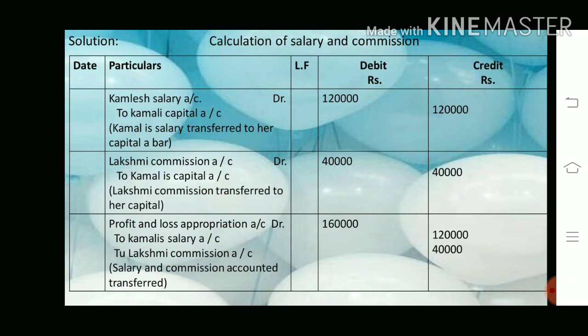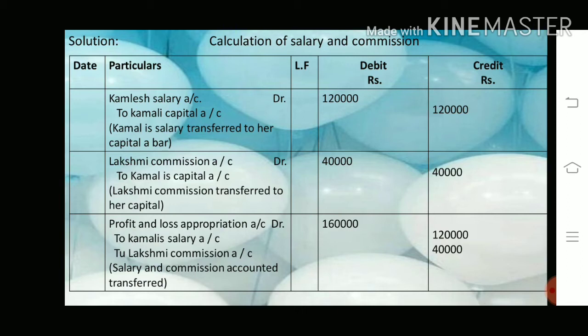So Kamali's salary transferred to his capital account. Next, Lakshmi commission account debtor to Lakshmi's capital account. So 40,000, 40,000. Lakshmi commission transferred to her capital account. Then last one, profit and loss appropriation account debtor to partners capital account.